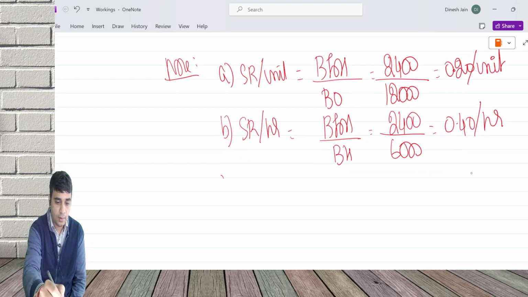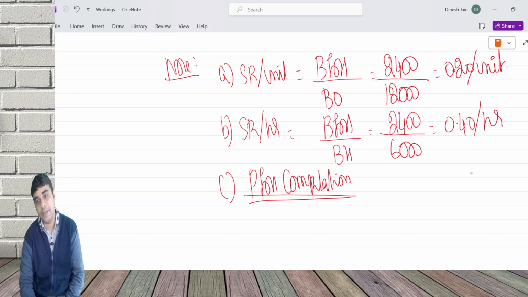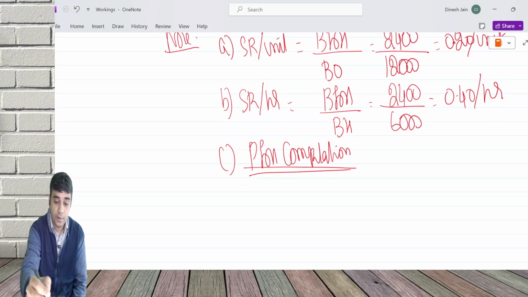Then the third one, PFOH computation. How many days is equal to how many rupees? 50 days is equal to 2400.